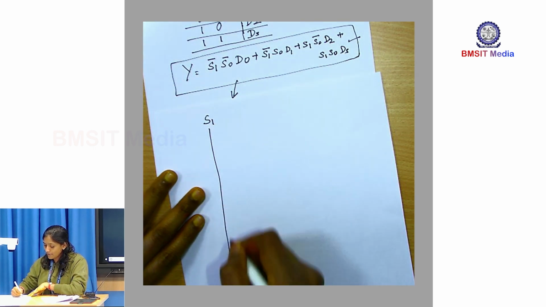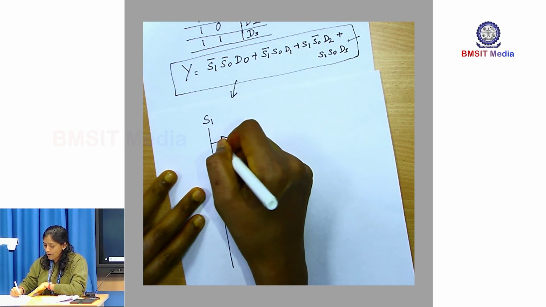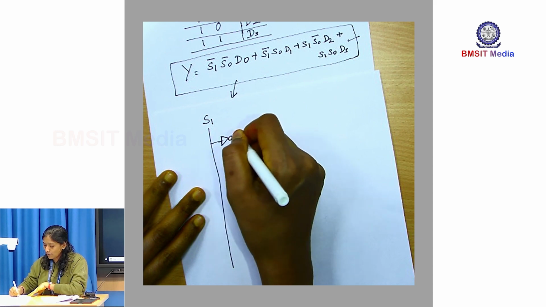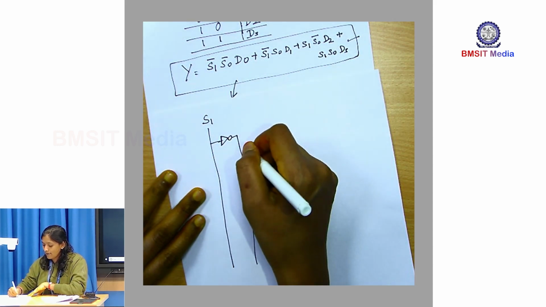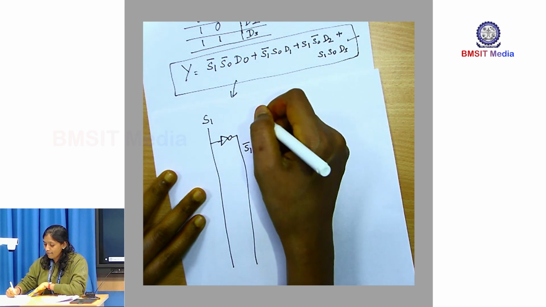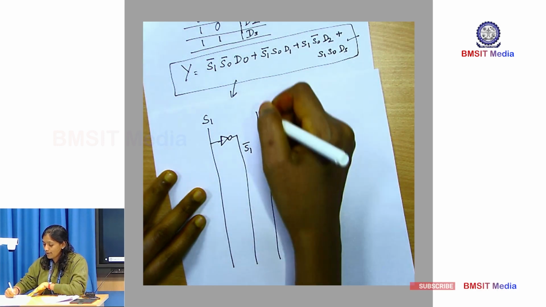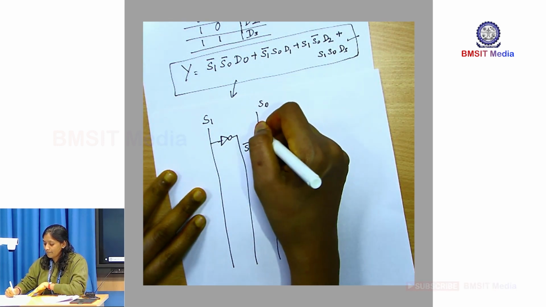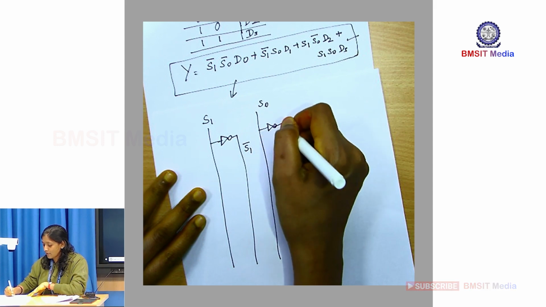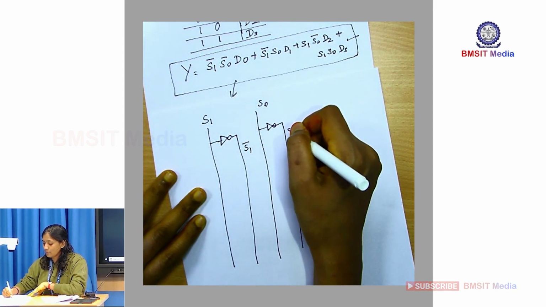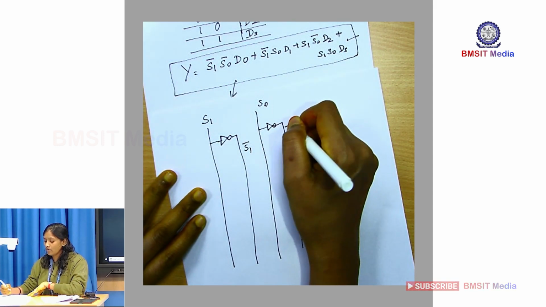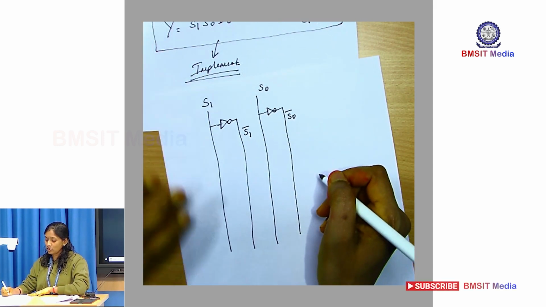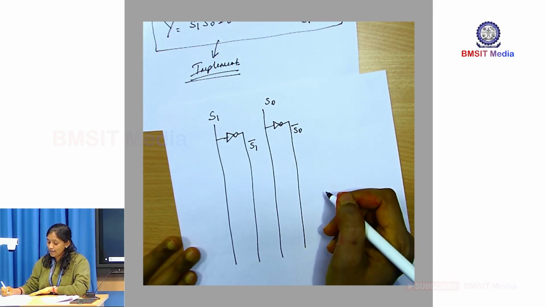If you see the expression, there is S1 bar also, so I am passing S1 to a NOT gate and we have S1 bar on the line. S0 bar is also required, so I am going to implement that using a NOT gate. So, S1 bar, S0 bar, S1 and S0 are ready.